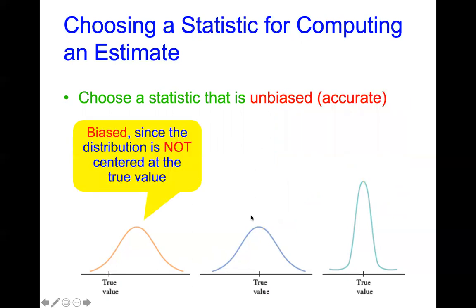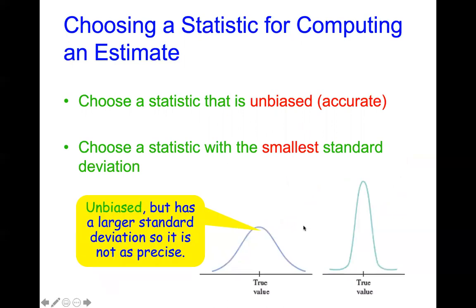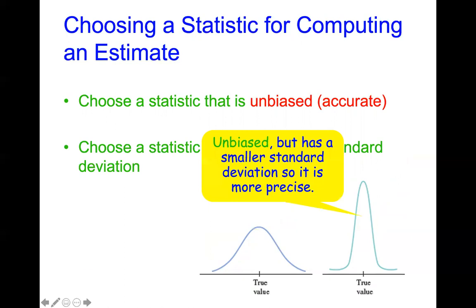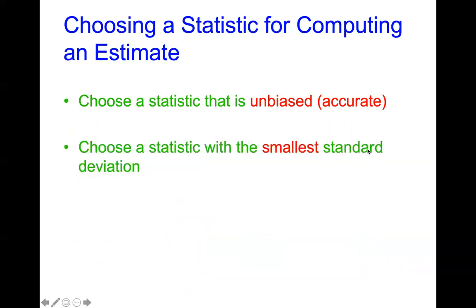Now, the other thing is that we want something that's very consistently at the true value. We want to choose one with the smallest standard deviation. So even though these two are unbiased, this one in blue on the left is not as precise as this one. So if I had to pick out of those three statistics which one to use, I would choose the very right one because it's centered at the true value and it's most consistent.